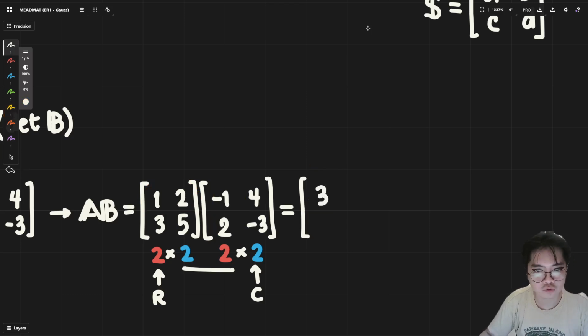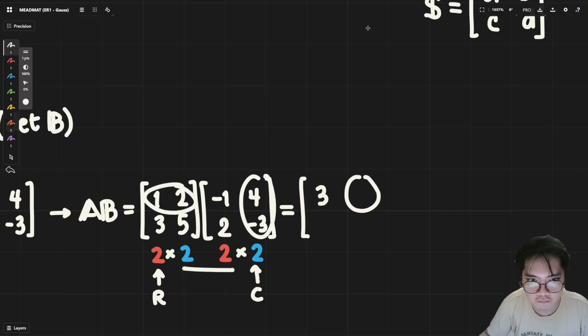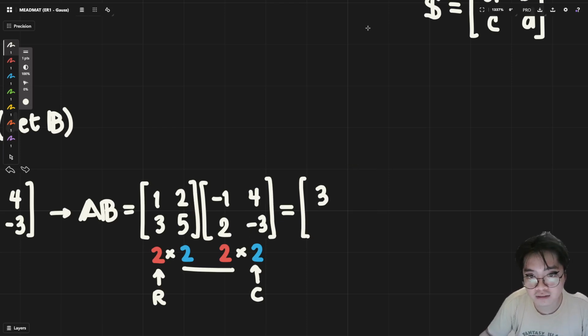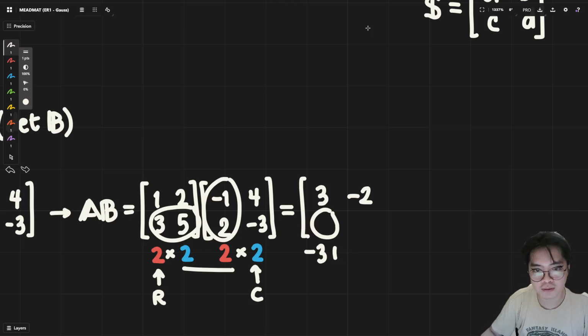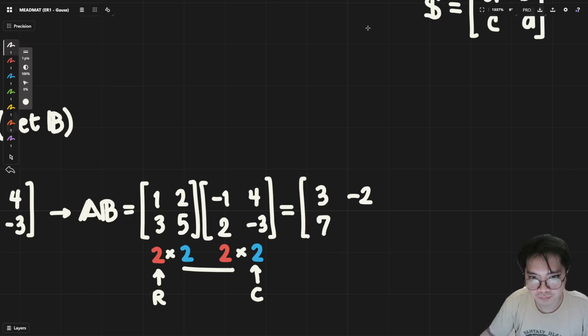Next, first row, second column. 1 times 4 is 4. 2 times -3 is -6. So that means 4 minus 6 is -2. Second row, first column. 3 times 1 is 3, 5 times 2 is 10. 3 plus 10 is 13. And finally, second row, second column.